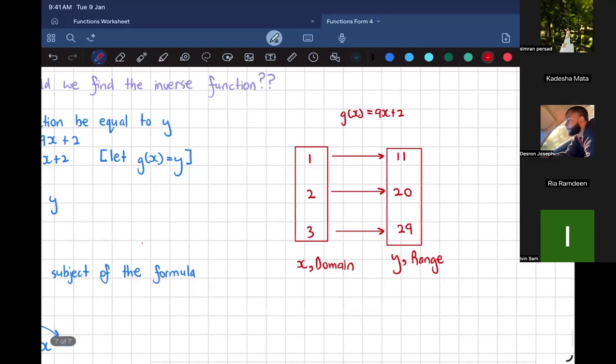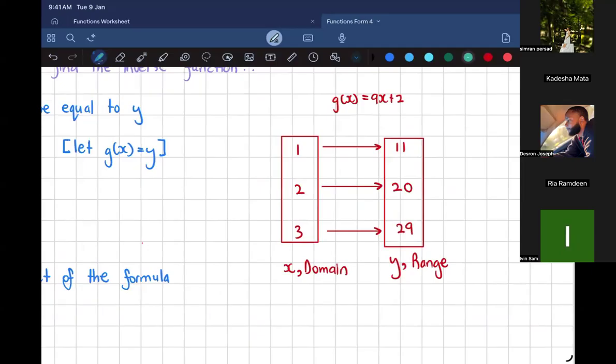So the inverse function is supposed to do what then? If the original function is going from 1 to 11, what should the inverse function do? Somebody tell me. It should go backwards, 11 to 1. Remember, I was asking if there was a way to prove if our answer was correct.